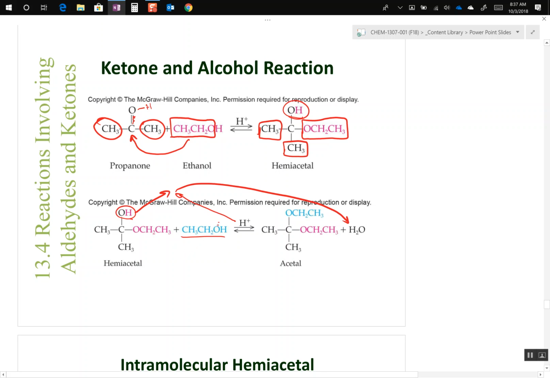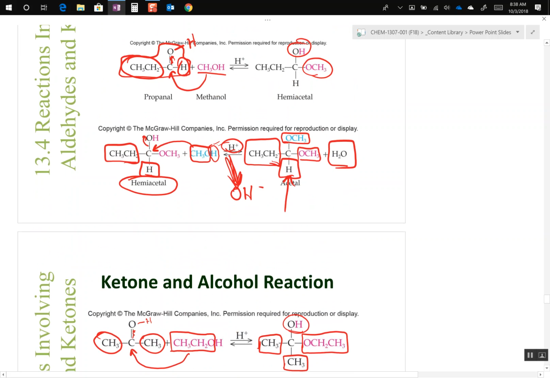And then this OCH2CH3 is going to get added to that carbon. So we have OCH2CH3, OCH2CH3, CH3, CH3.